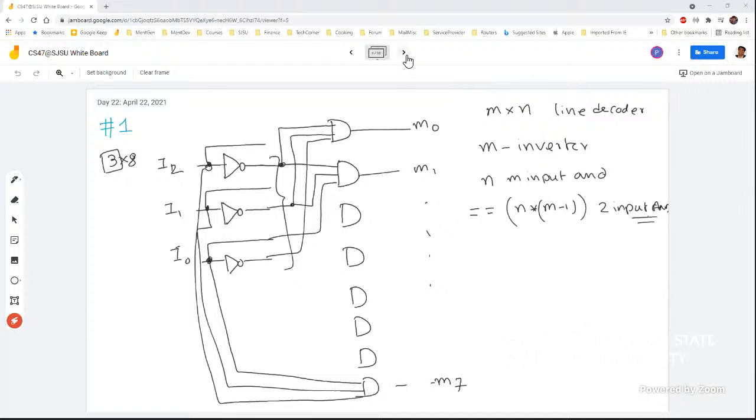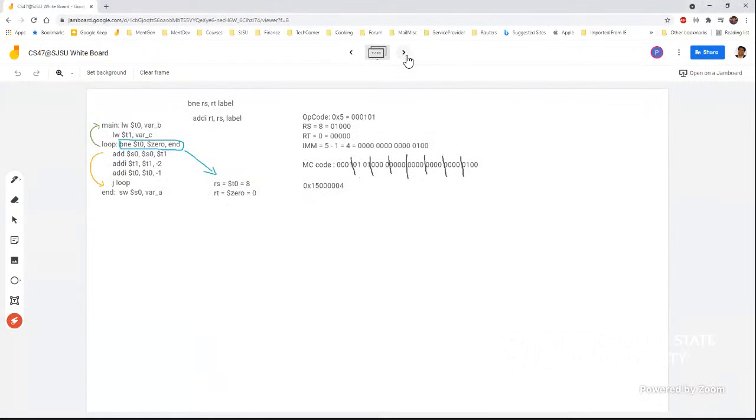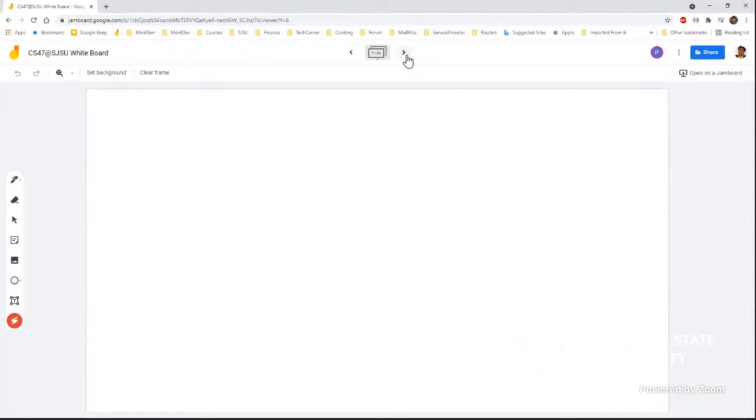Now, approach number 2. What we can do is a slightly different approach that results in consuming fewer logic gates in the circuit.